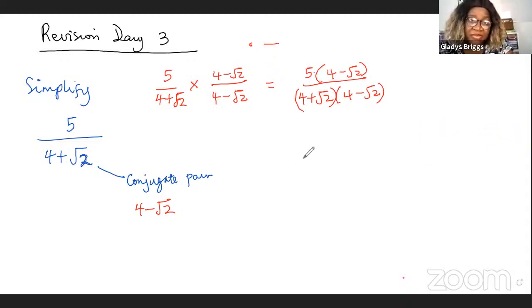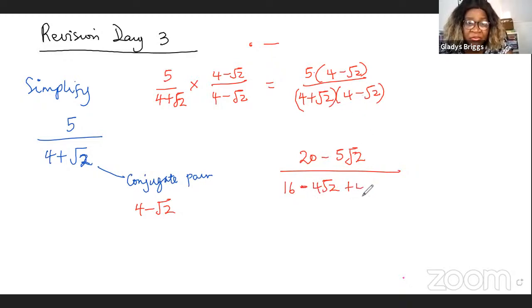This is just going to give you 20 minus 5 root 2 over 4 times 4 is 16. 4 times negative root 2 is minus 4 root 2. Root 2 times 4 is plus 4 root 2. Root 2 times negative root 2 is negative 2.